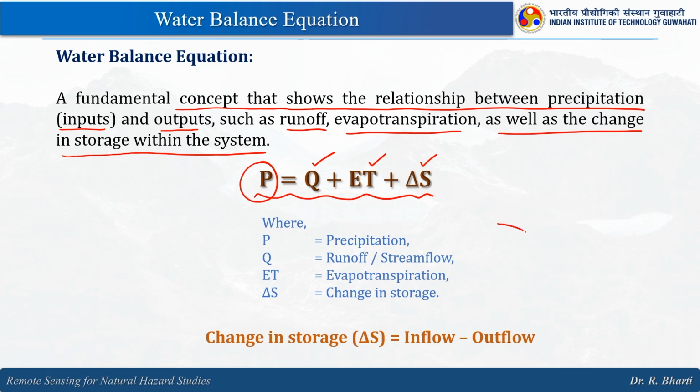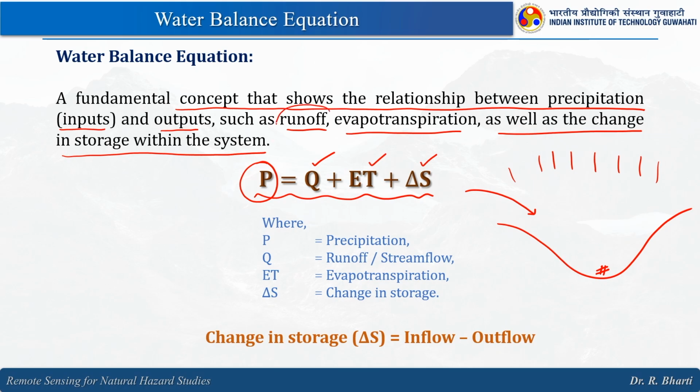Now just consider this is a particular area, this is a cross section, and here the inflow can be your stream flow which is coming from the upstream, or it can be precipitation, right. So that is the input for this particular region or this particular area. So this is inflow, right. And then comes the output. What are the outputs here?